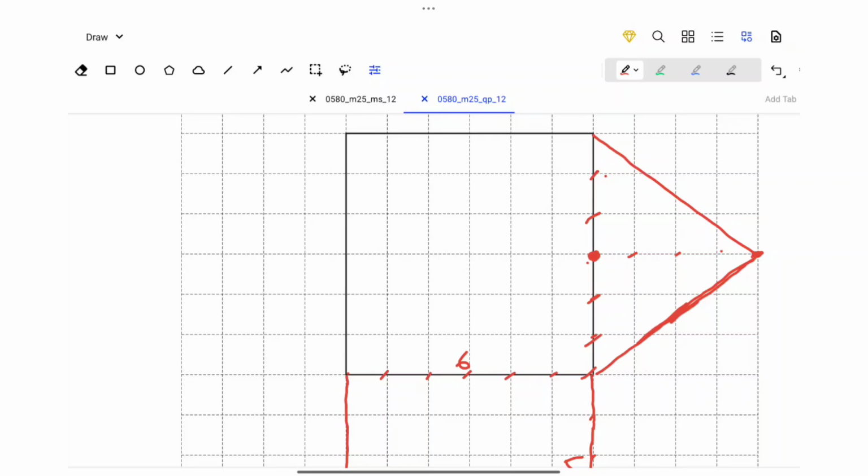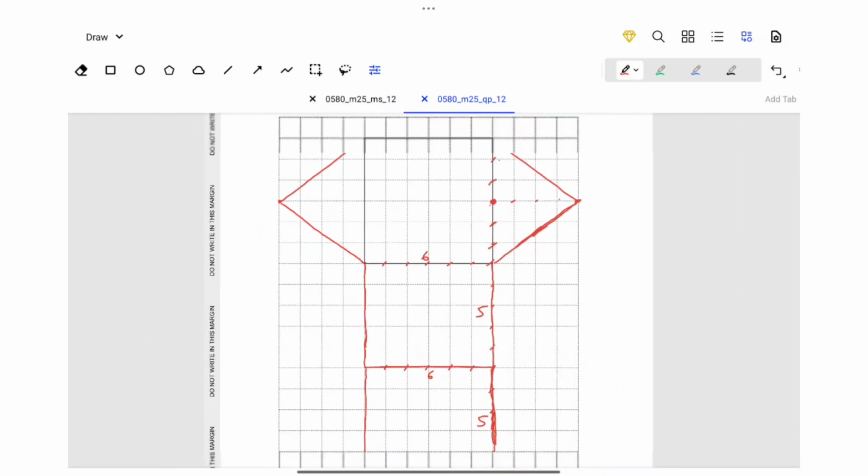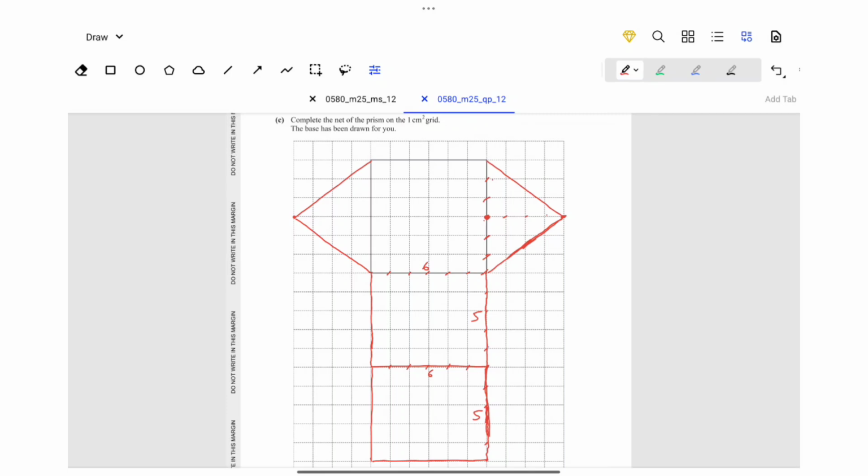So this is one triangular face, the other triangular face is here. This is the net of the prism. If you fold it, you will get the prism like that.